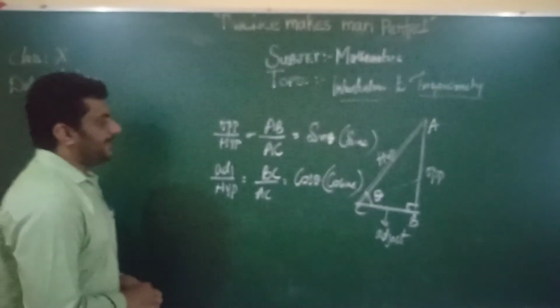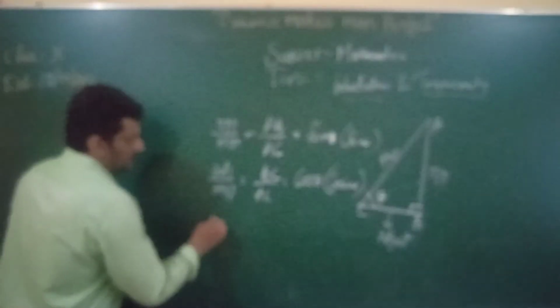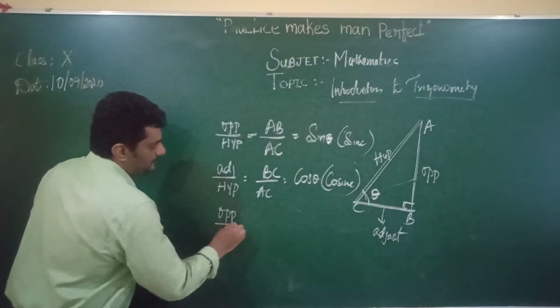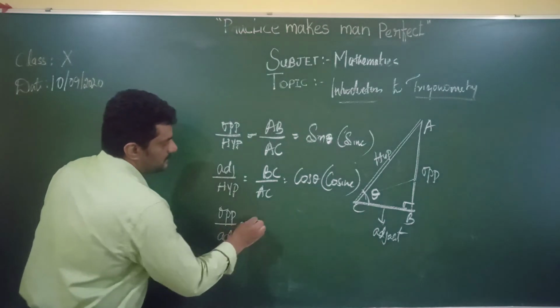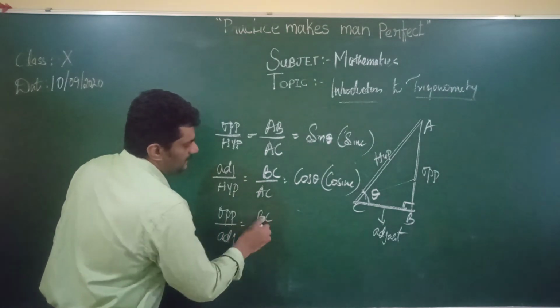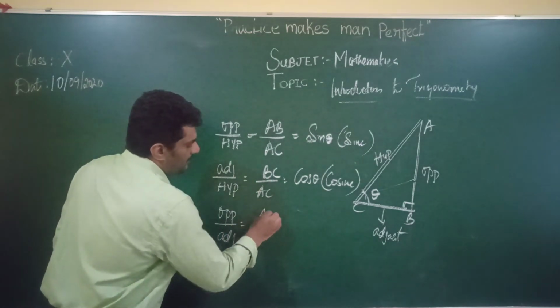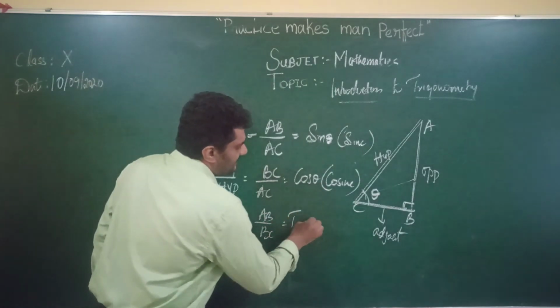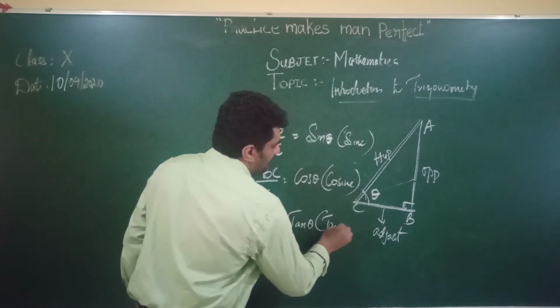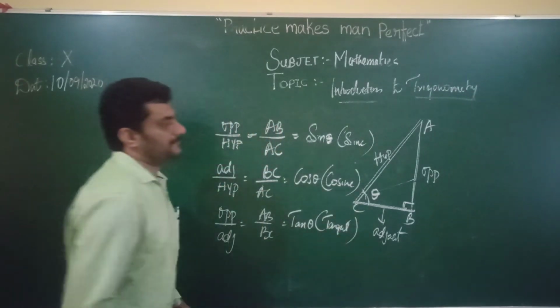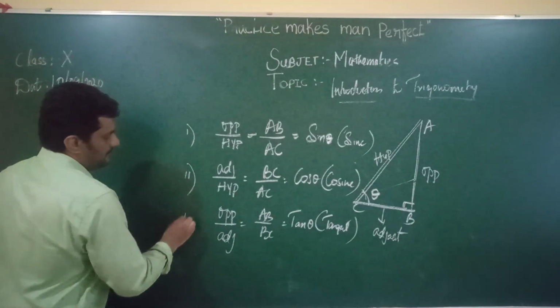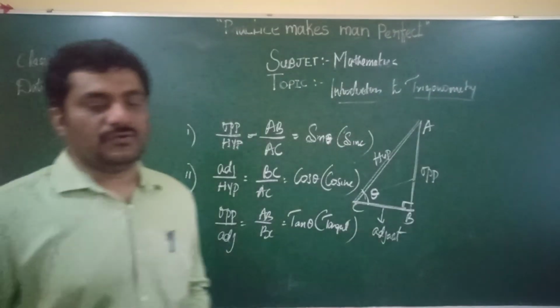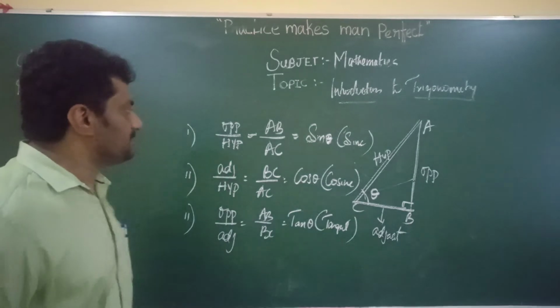Then the next one is opposite by adjacent, which is AB by BC. This is tan theta, which is tangent. This is the first set. We have three more. Let's write down this first.